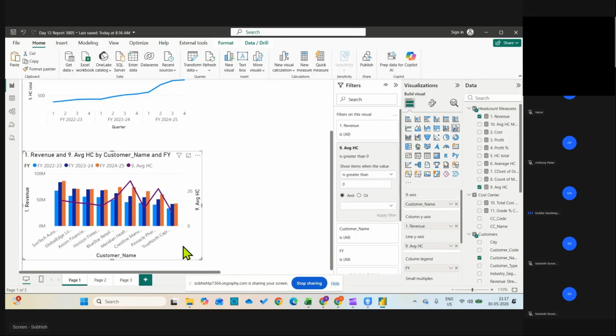Yes, correct. But it could be normal, because just because we have deployed a significantly higher headcount compared to the other accounts, what if we have deployed all the lower banded people for these two accounts, and that is why the headcount is showing significantly higher? Correct. So maybe the grade mix will compare cost.